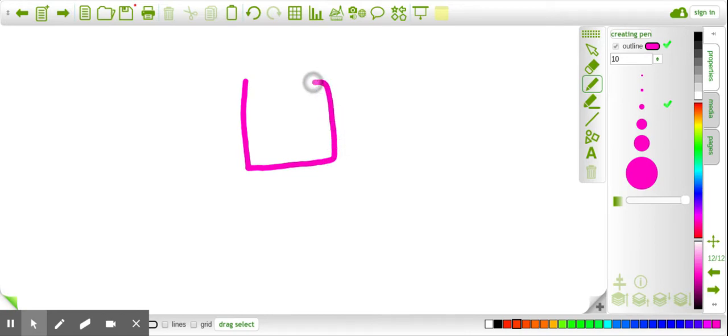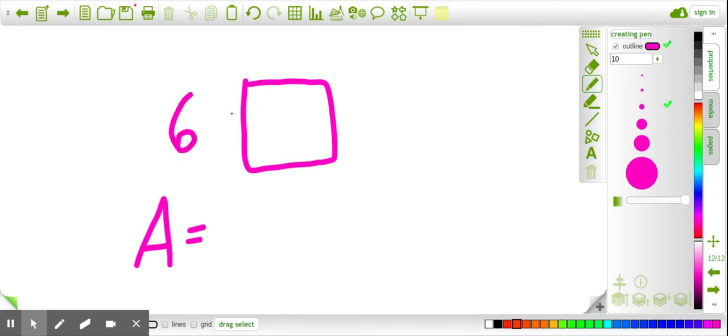So if I wanted to find the area of a square that has a measurement of 6 feet, remember we can use what we know about that shape, a square, to figure this out because all four sides are equal. So remember, the formula to find area is length times width.